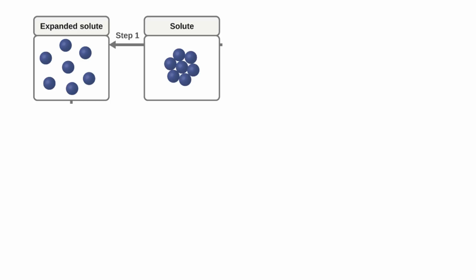And in fact, we can think of solution formation as a hypothetical three-step process. Here we're representing solute particles by blue spheres, and if we have solute particles in a pure substance and we want to make a solution, the solute particles have to be pulled apart, separated a little bit from each other, enough to provide space for solvent particles to intersperse themselves.